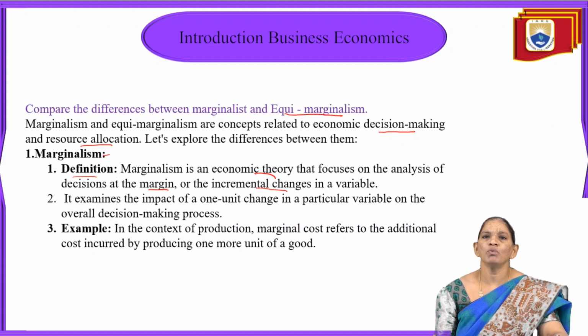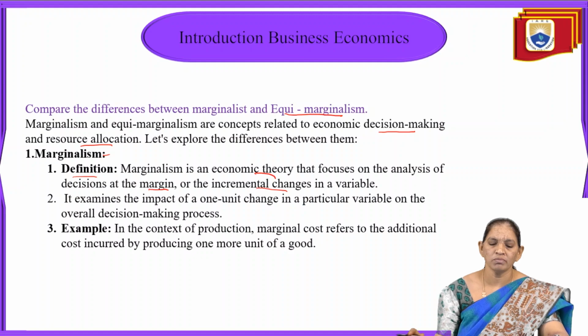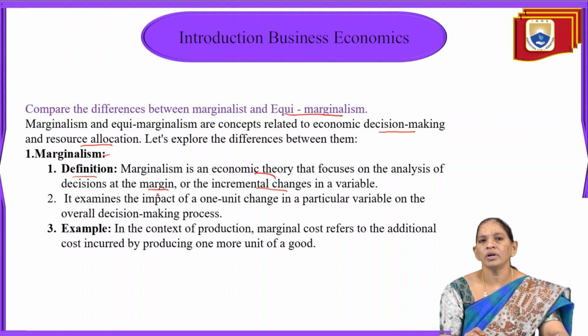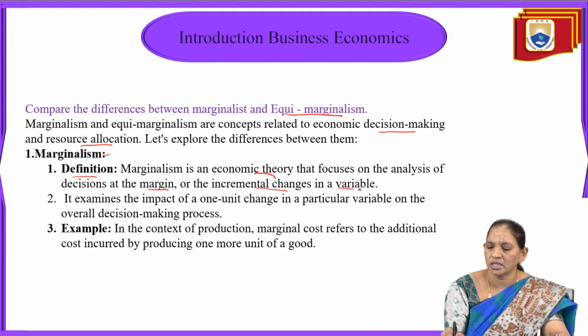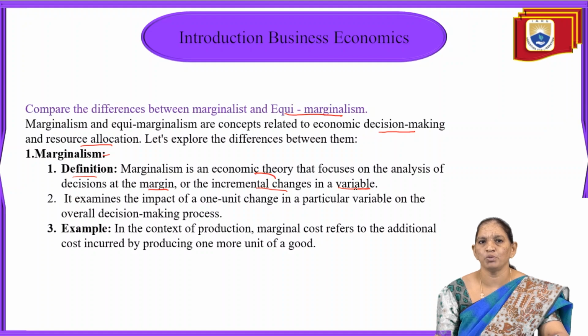Means when we go for any sort of economic theory, we focus upon analyzing what margin we are getting and what type of incremental, or additional, changes we are able to get relating to one variable. We'll conclude it as marginalism. Means when some variable changes, what sort of margin will be left over for an economic person.